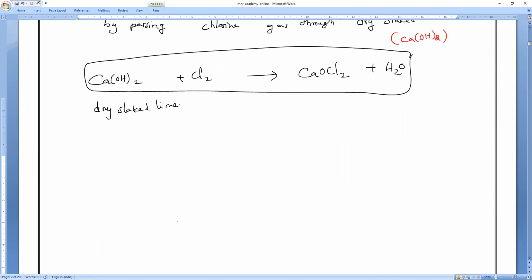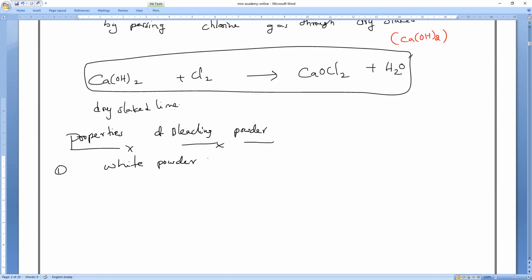So first thing: it is actually a bleaching powder. What is the color? You all will notice it. I am writing the properties of bleaching powder. What is the color? It is a white powder.